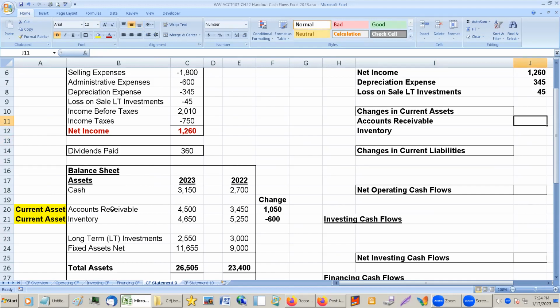Okay, so let's see what those are going to look like. Accounts receivable, the change was 1,050, and this is an increase. So what happened to the cash flow? Negative. Good. You can think about the 1,050 we did not collect.